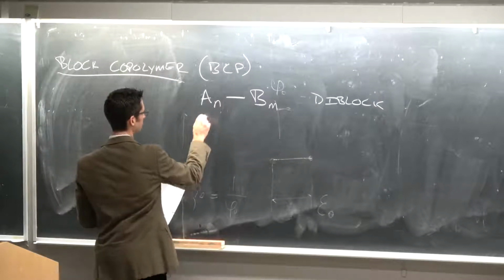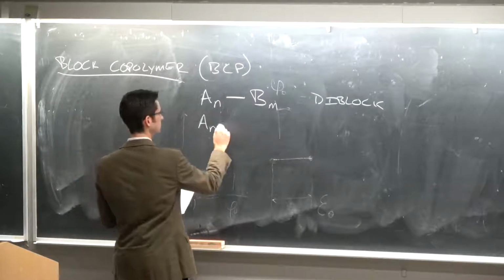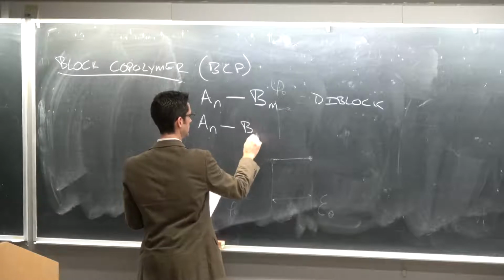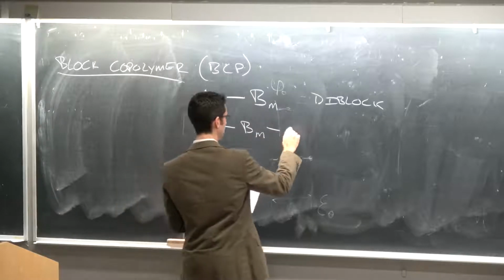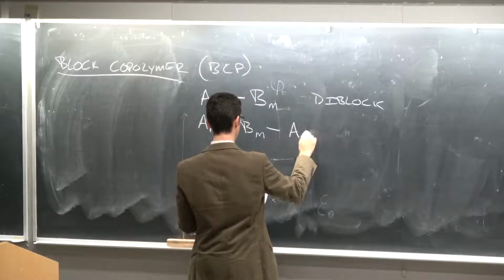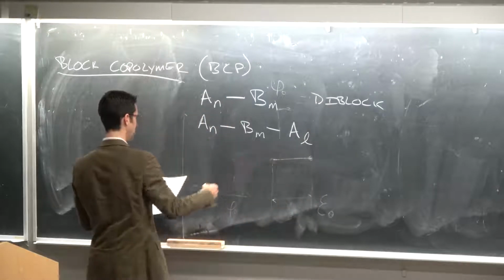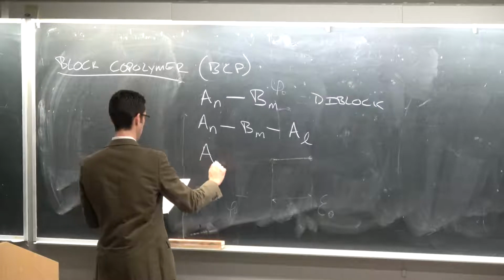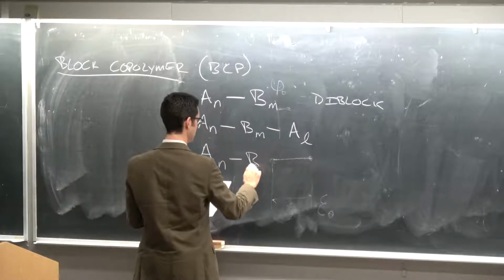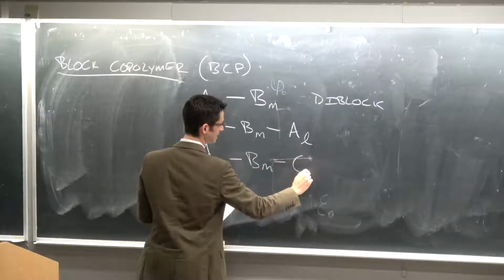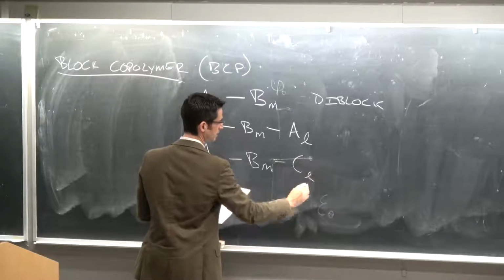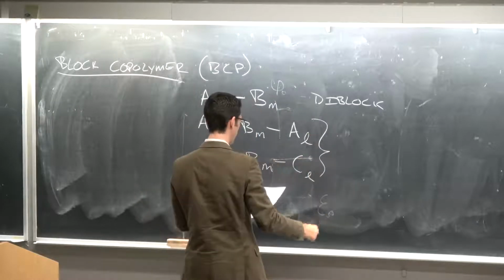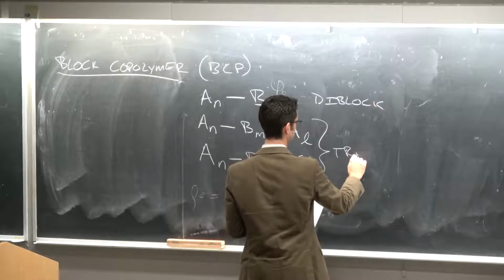Or you could have A sub N, B sub M, and A sub, say, L. L could be equal to N, maybe not, doesn't matter. Or you could have A sub N, B sub M, and C sub L. These would be examples of tri-block copolymers.